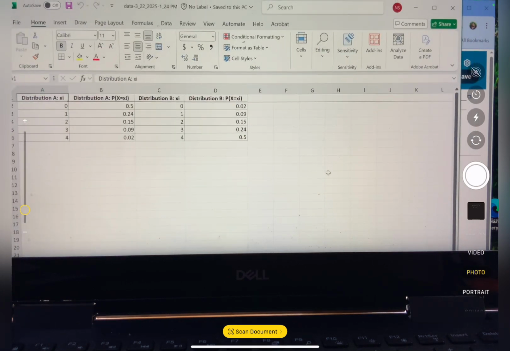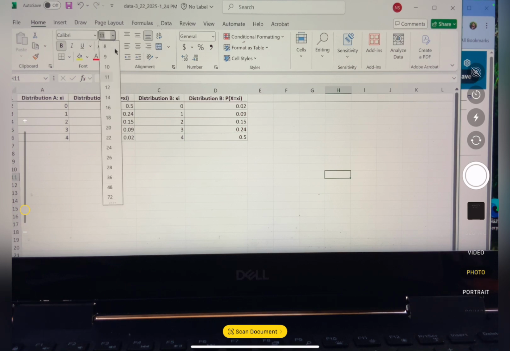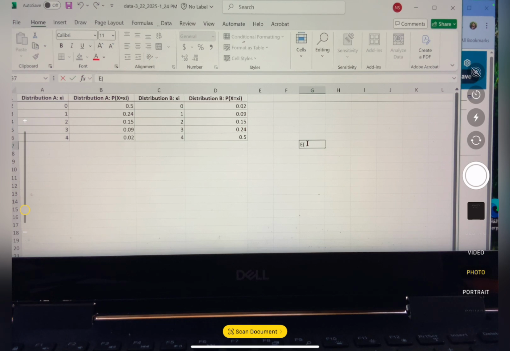I'll write it down somewhere here with red color, bold, and a little bit bigger. Okay. E of x, the expected value, E of x, or it's also equal to mu.